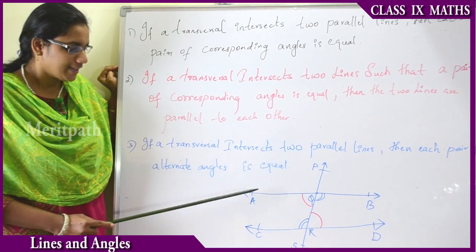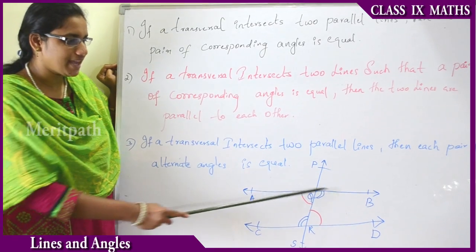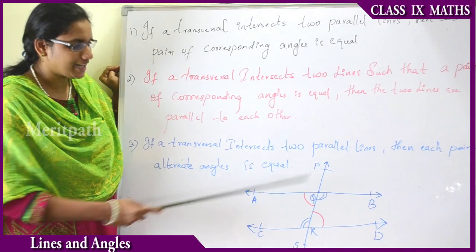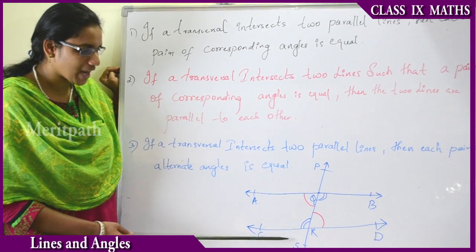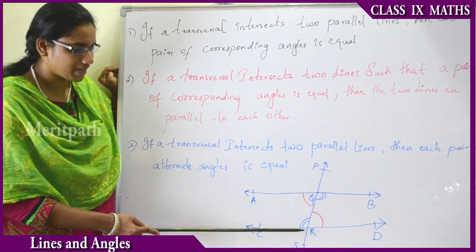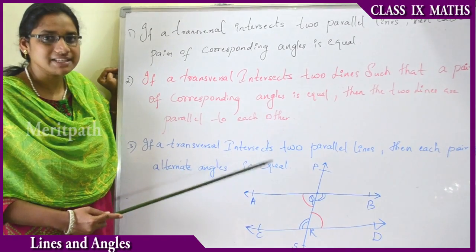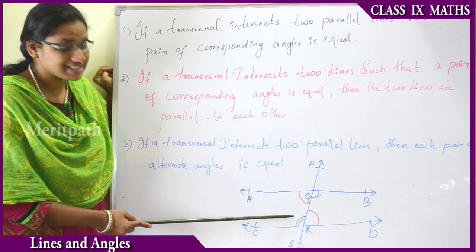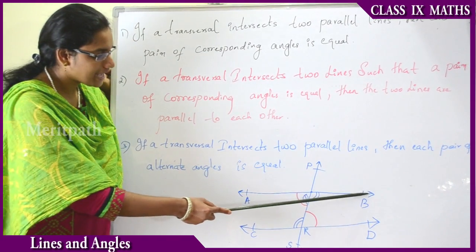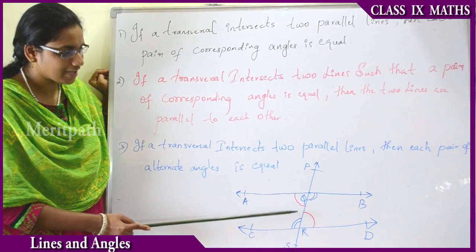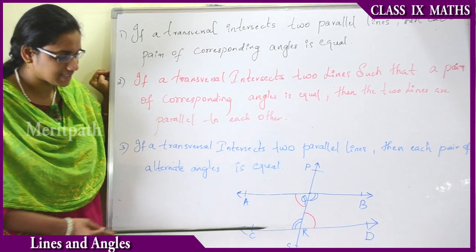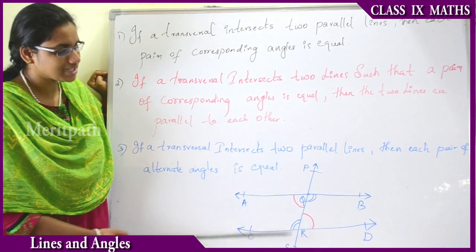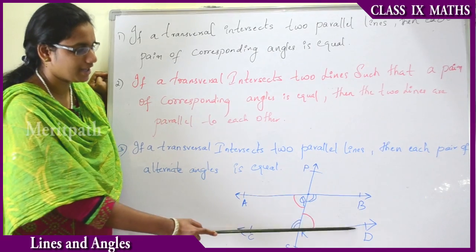Two lines AB and CD are parallel to each other, and a transversal PS is cutting these two lines at point Q and point R. The result is that the corresponding angles are equal, that is, angle BQR is equal to angle QRC and angle AQR equals angle QRT.